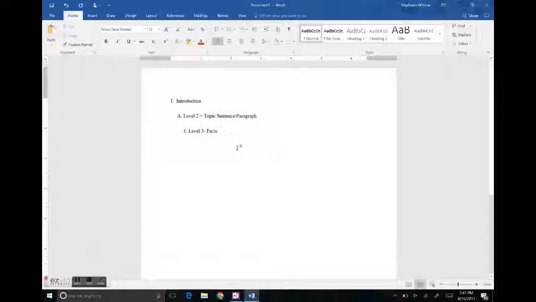By the way, sometimes Microsoft Word will try to format it for you. If it does, it will pop up with this little button that looks like a little lightning bolt. If you click on that and tell it to stop automatically numbering, it will stop trying to do it for you. Don't let Microsoft Word format it for you because it won't be correct. It will try to do tabs for everything, and your level 3s will end up way over here. So you don't want to do that.